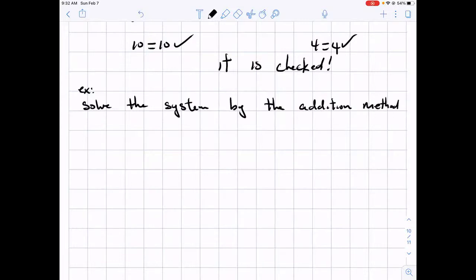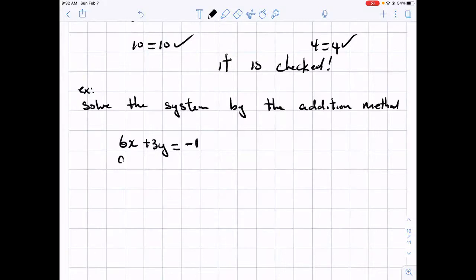And in this example, I'm going to have 6x plus 3y is equal to 11. Let's say not 11. 6x plus 3y is equal to minus 1.